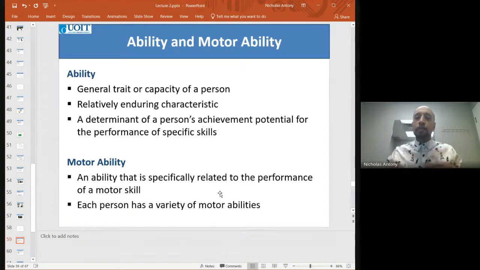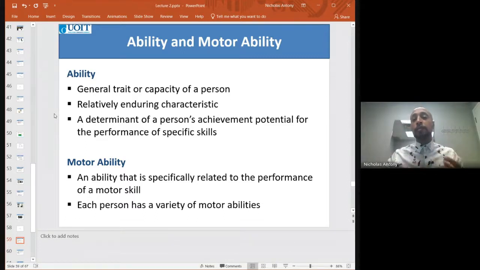They wanted to understand what the ingrained specifics are of people's ability to do motor skills. So think about ability as an adjective. It means a general trait or capacity of a person to achieve something. It would be their potential for achieving something in a particular field based on their ability in that.